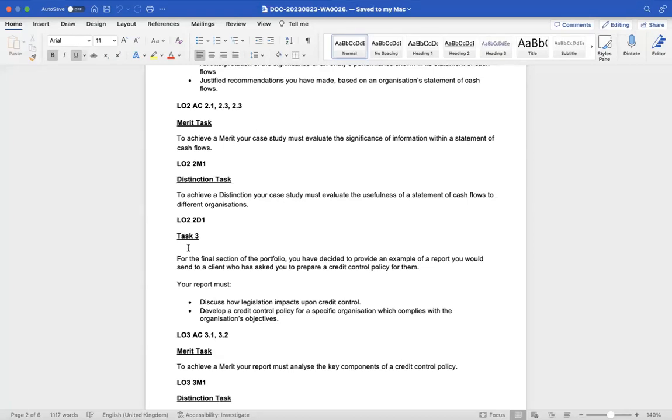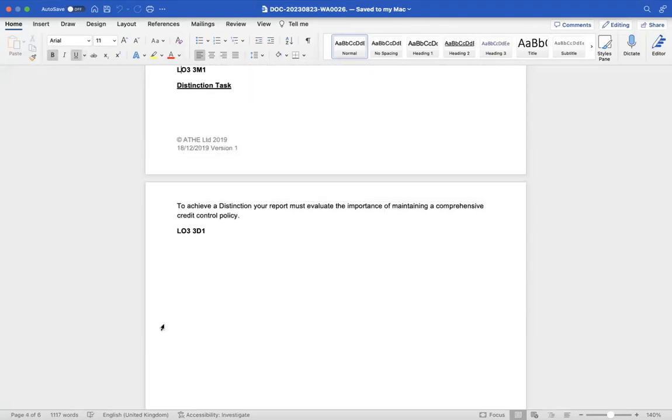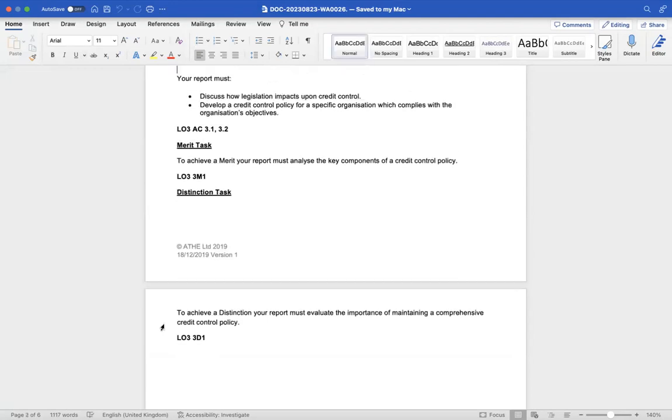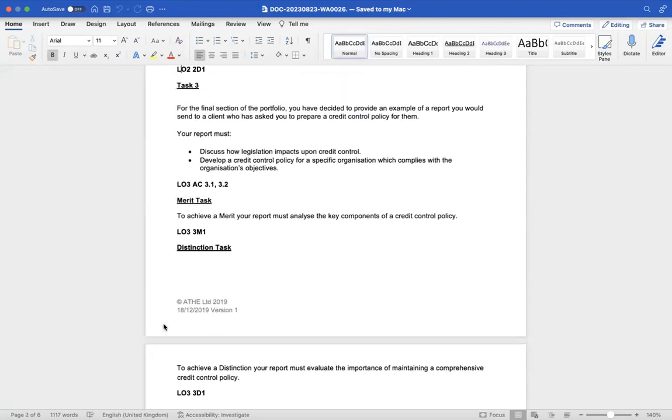So in your task 3, to achieve merit, your report must analyze the key components of a credit control policy. Learning outcome 3MN for distinction tasks. To achieve a distinction, your report must evaluate the importance of maintaining a comprehensive credit control policy.